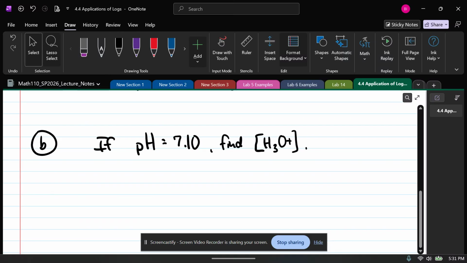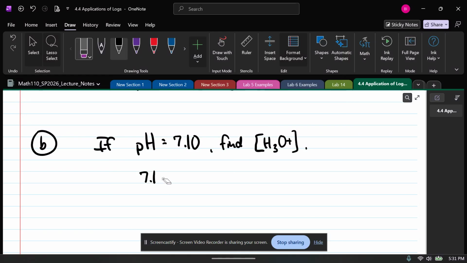So in this case, we have 7.10, my 1 and my 0 kind of ran together there, equals -1 times the log. And instead of writing H3O plus, I'm just going to put an X there.